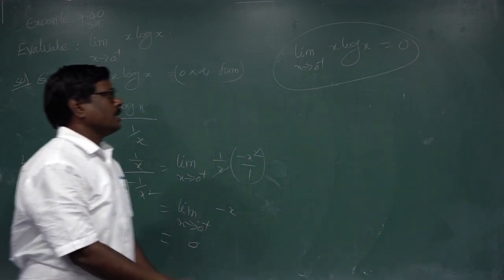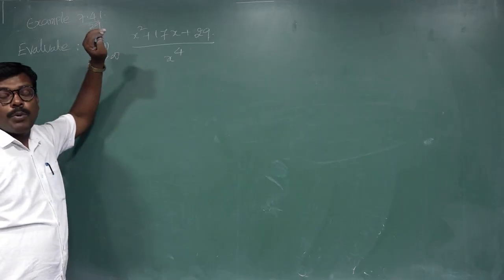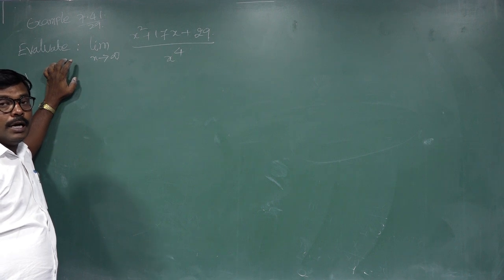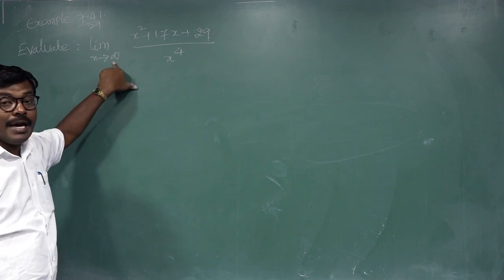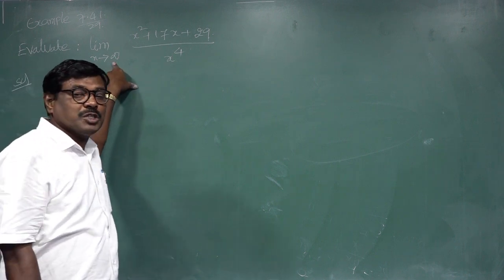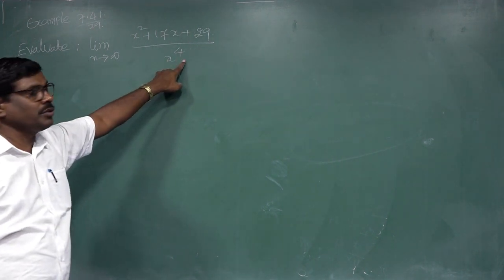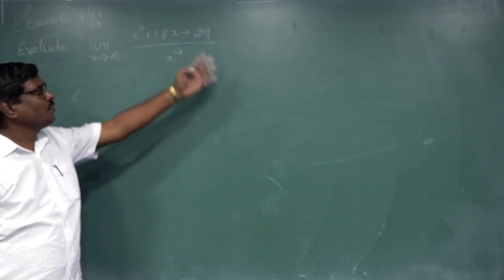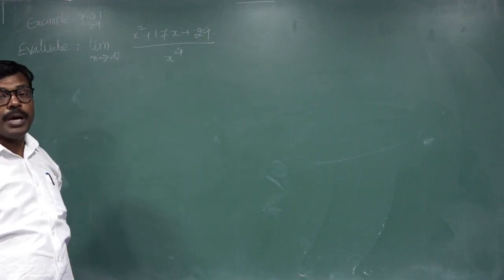Example 7.41, page number 29. Evaluate the limit as x tends to infinity of x square plus 17x plus 29 by x to the power 4. Directly substituting x equal to infinity, the form is infinity by infinity.